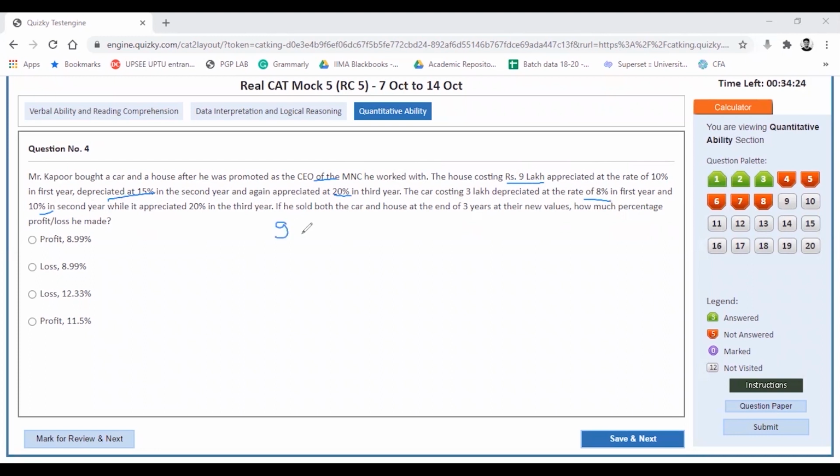That can be obtained as 9 times 1.1 into 0.85, depreciation, into again appreciation of 1.2, plus the car cost was this, depreciate at 8%, 0.92 into 0.9 into 1.2. Okay, now this is the final value.